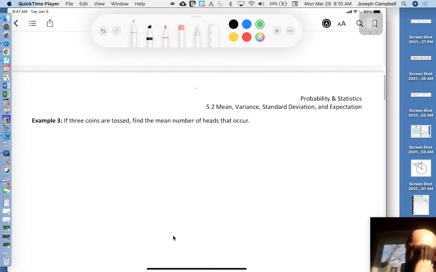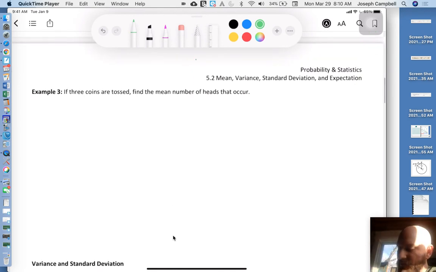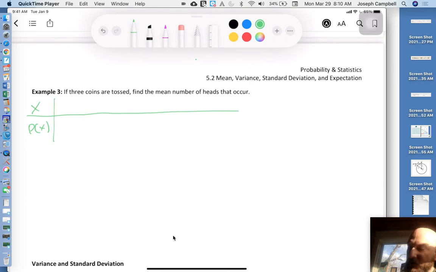If 3 coins are tossed, find the mean number of heads that occur. Okay, so we have to create our table first, and that would require that we know those values.